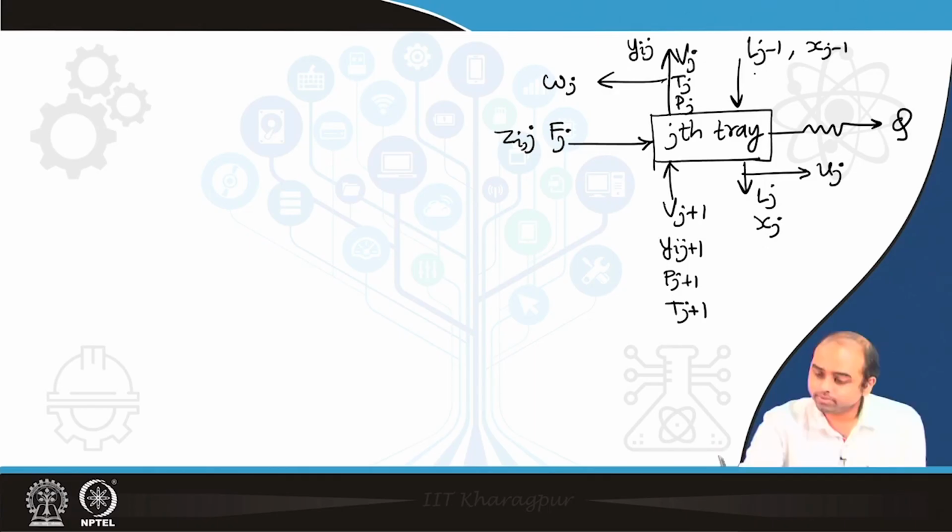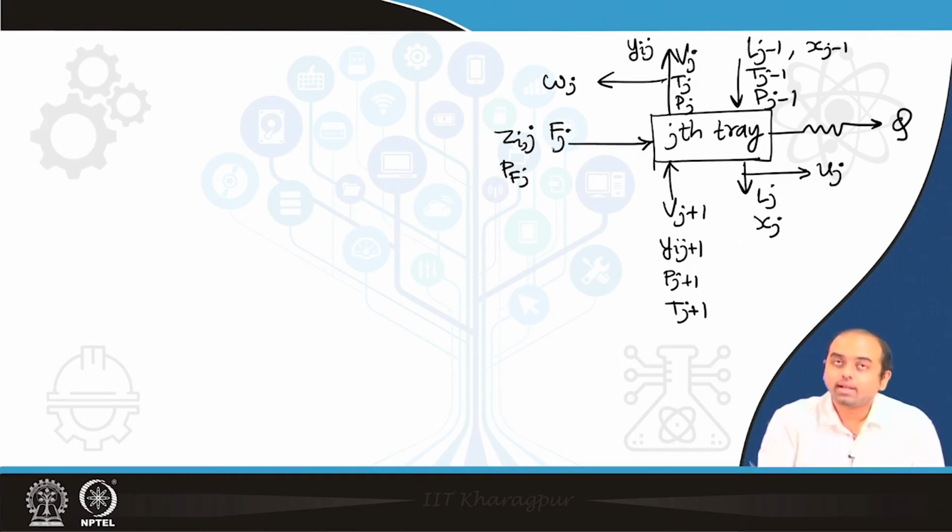Here you have Tj minus 1 and Pj minus 1. These are generally the specifications. Of course, the enthalpies are also written down as HVj and HLj. I am also writing down the temperature and the pressure of the feed stages.